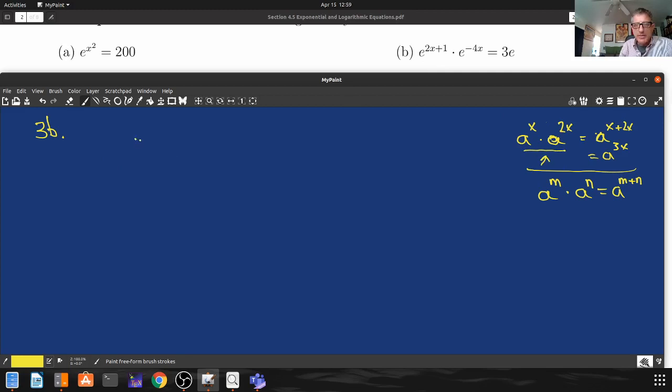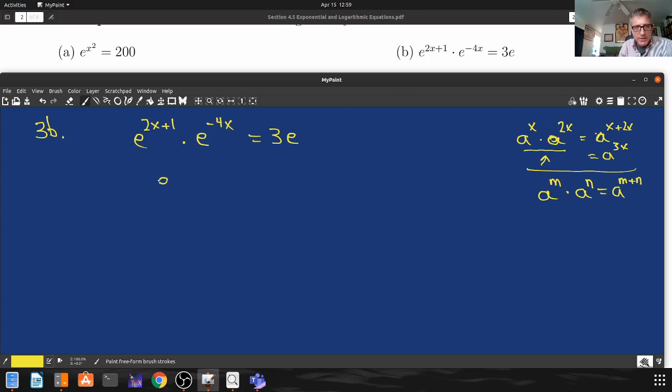So we have e to the 2x plus 1 times e to the minus 4x is equal to 3 times e. The base here is e, so I'm going to use this property.